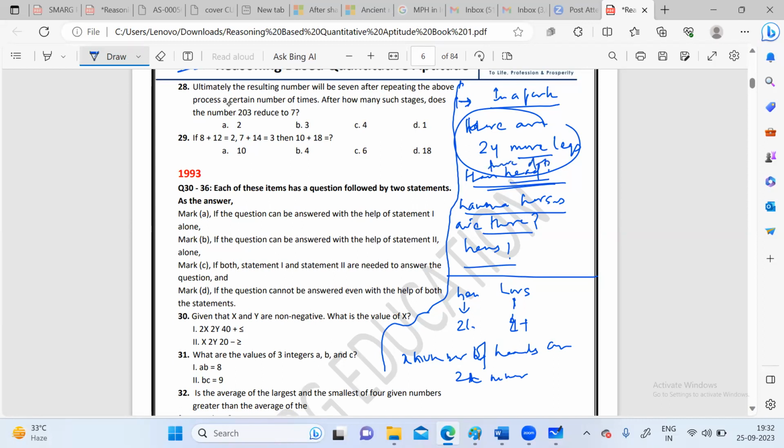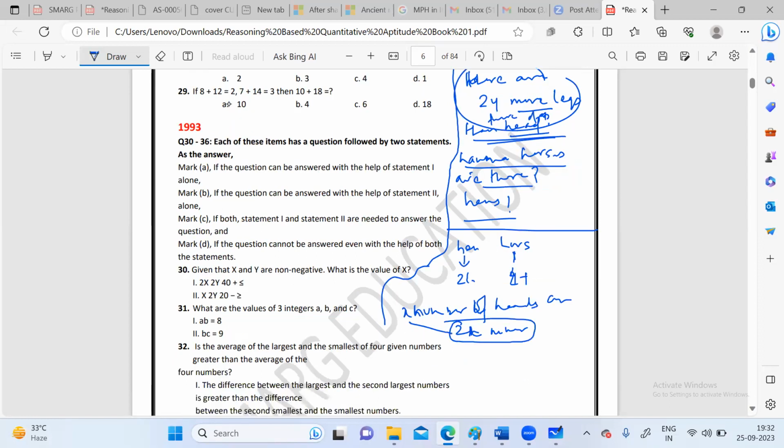So 2x legs will be there, and any number of legs which is extra will come from horses only, and it will always be in pairs. So if 24 more legs are there than twice the heads, then you can easily say that there are 12 horses. But in this case, you cannot calculate the number of hens.